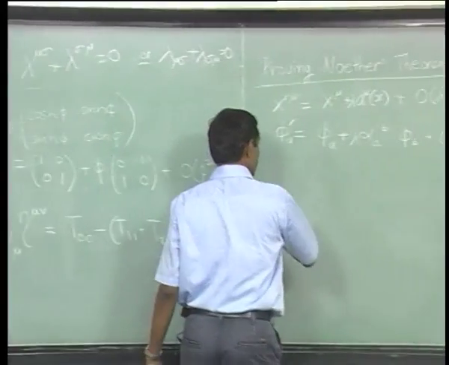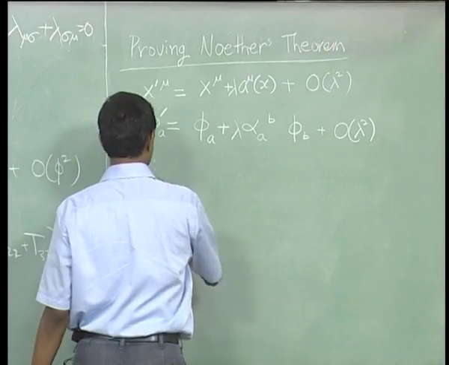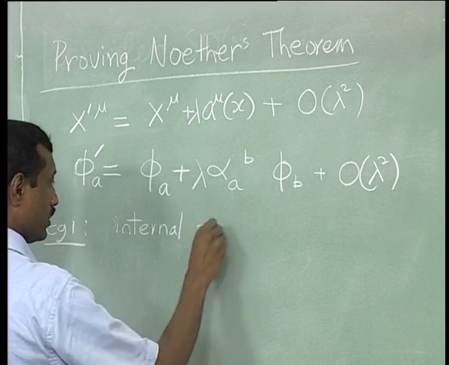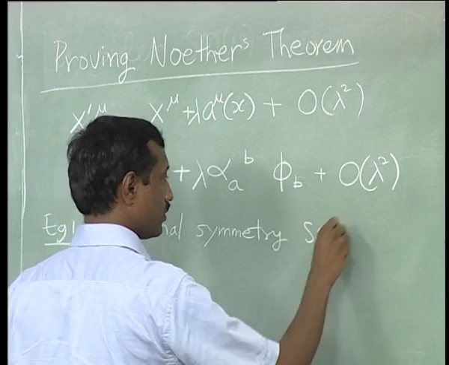So, let us do first example one, which is internal symmetry, which is SO(N).